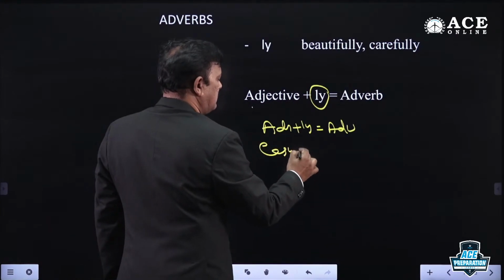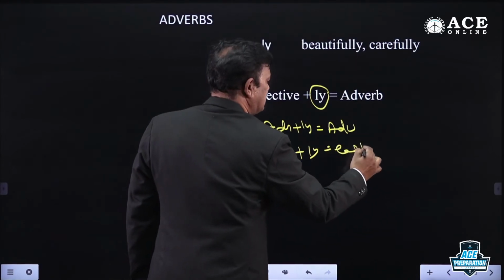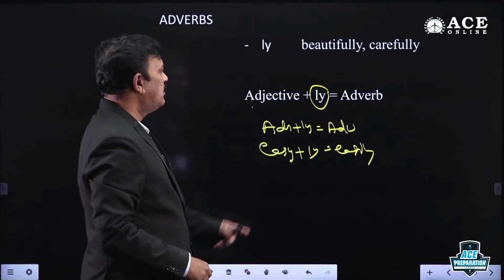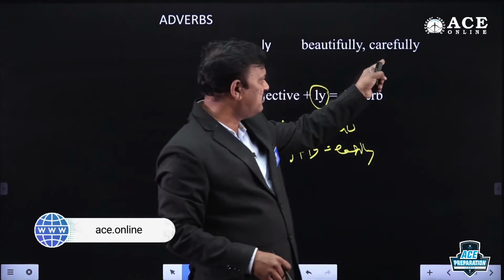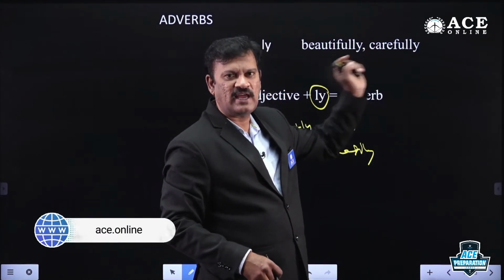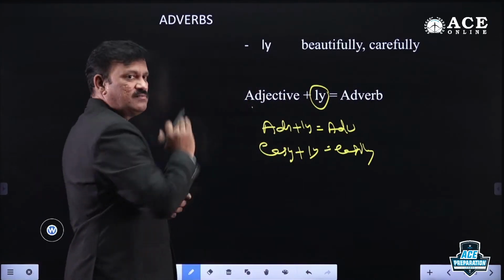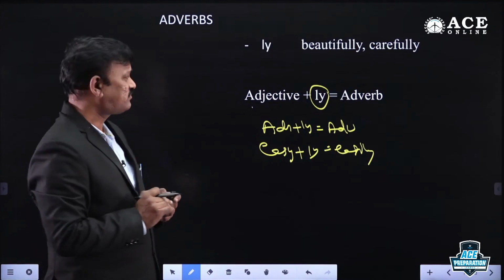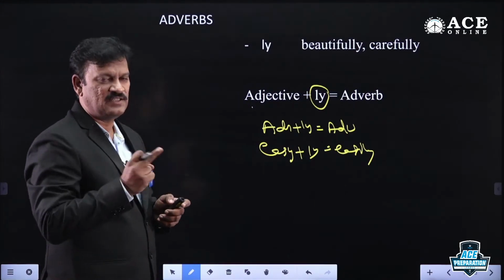Easy, easily, the spelling changes. Beautiful, adjective, beautifully. Careful, adjective, carefully, adverb. Fine. I won't say that this is a foolproof system, and this is one of the ways, okay. To some extent these things work.